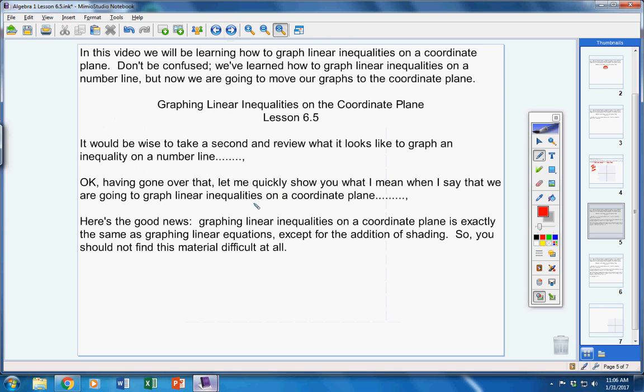So having said that, here's some good news. Graphing linear inequalities on a coordinate plane is exactly like graphing linear equations, okay? Except for the addition of shading. So you should not find this material difficult at all. You really should not, okay?